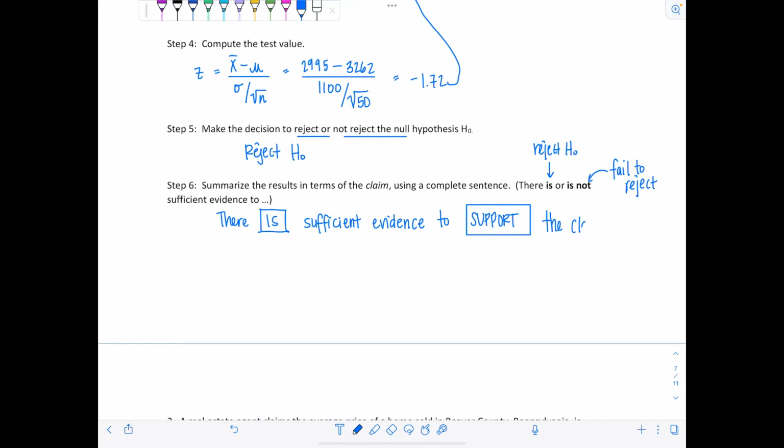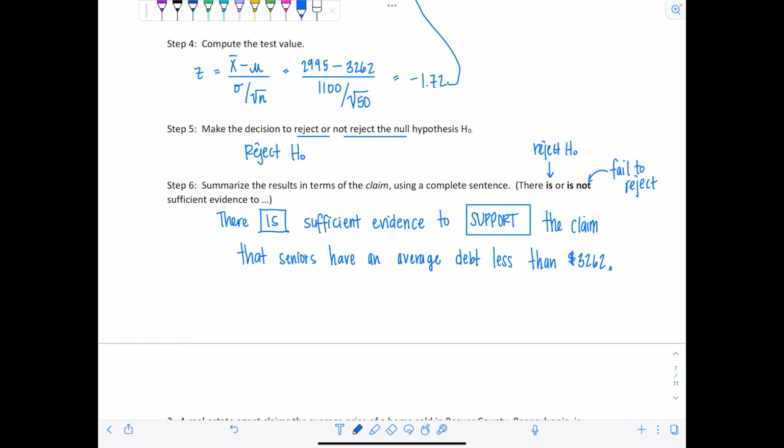Why? Because the claim was in the alternative. To support the claim that seniors have, what did they claim? An average debt less than $3,262.